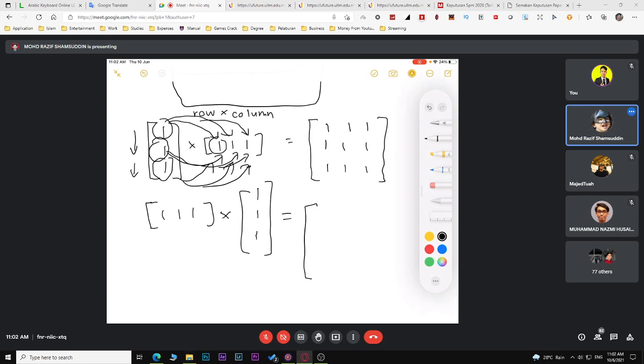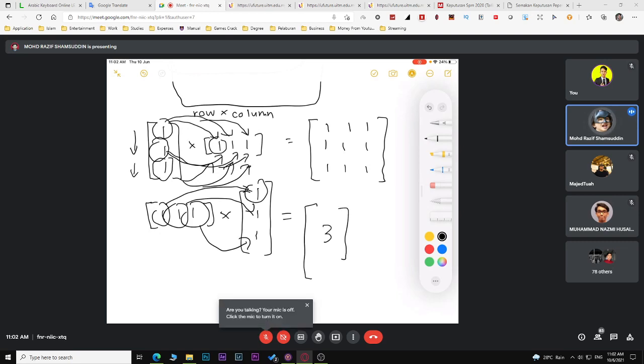So how about this one? This row: this times this plus this times this plus this times this. So it becomes 3. Do you see the difference? It must finish this row times column. So this one is finished, there is no more row times column; the column can't go further down and the row is also finished. Can you see the difference?